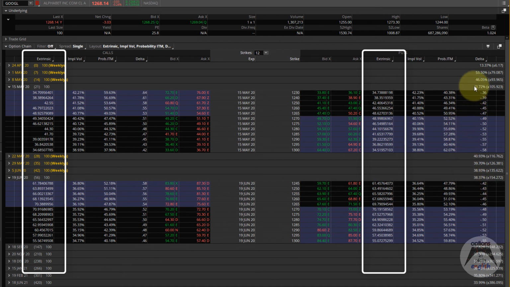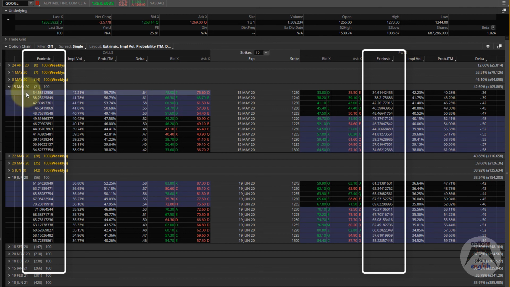But for example, for the May expiration, the implied volatility is 42%, and for the June expiration, the implied volatility is 38%. So the front month in this case, the one that has fewer days to expiration, has a little bit higher implied volatility, and the back one has a little bit less implied volatility. But because this one has a longer period, it's reflected in the extrinsic value.